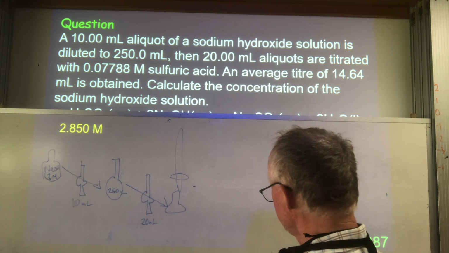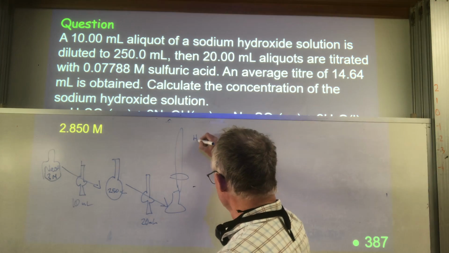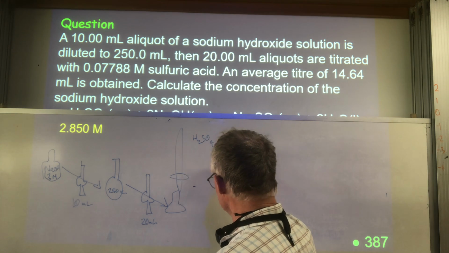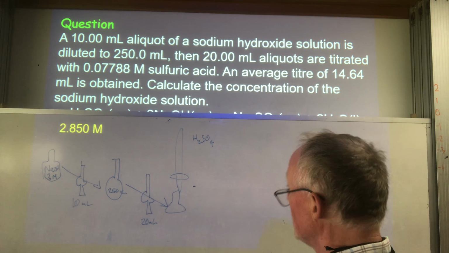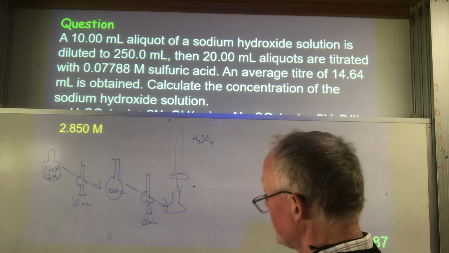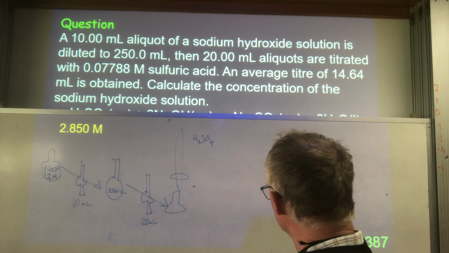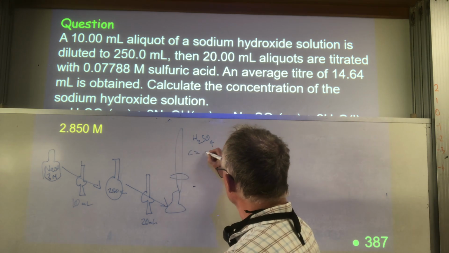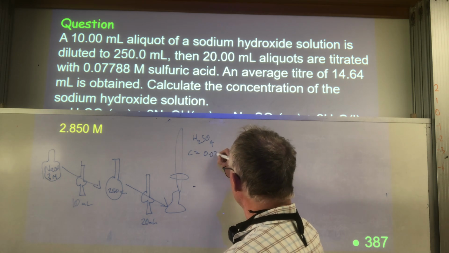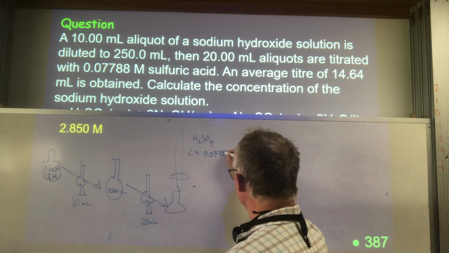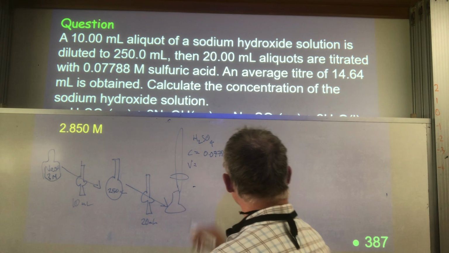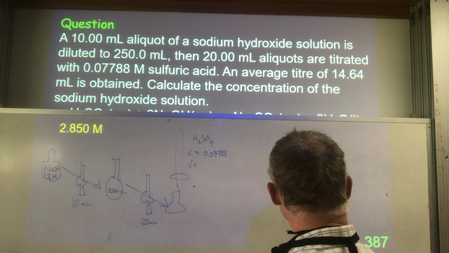And what do we do? We titrate it with the sulfuric acid. So the sulfuric acid, of course, has to be over this side. This sodium hydroxide is on the other side. The concentration we're given is 0.7788. The volume is the average titre, 14.64.